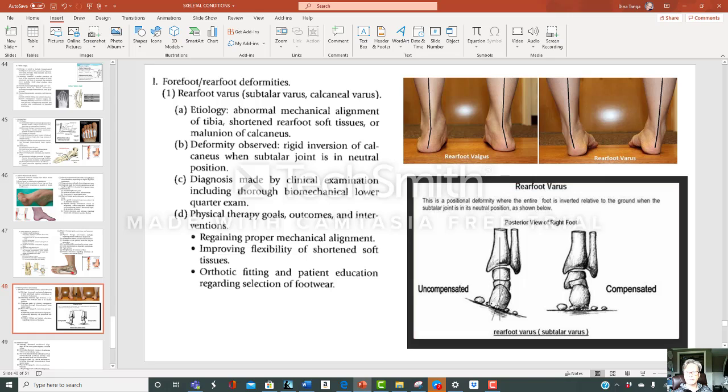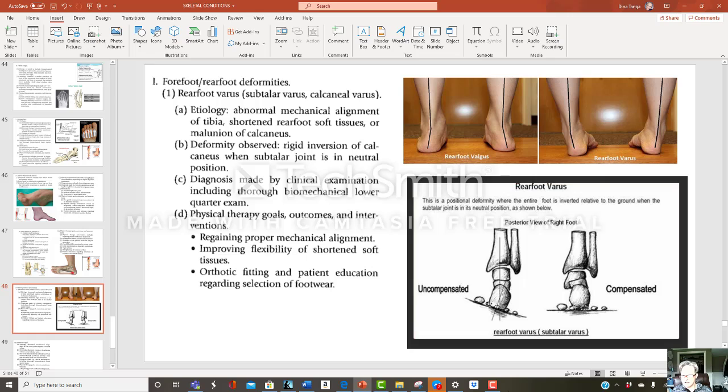Okay, so here's a picture of rear foot valgus and rear foot varus. Talking about varus, so subtalar varus, calcaneal varus, over here on the right. This is a positional deformity where the entire foot is inverted relative to the ground when the subtalar joint is in its neutral position, as shown here.